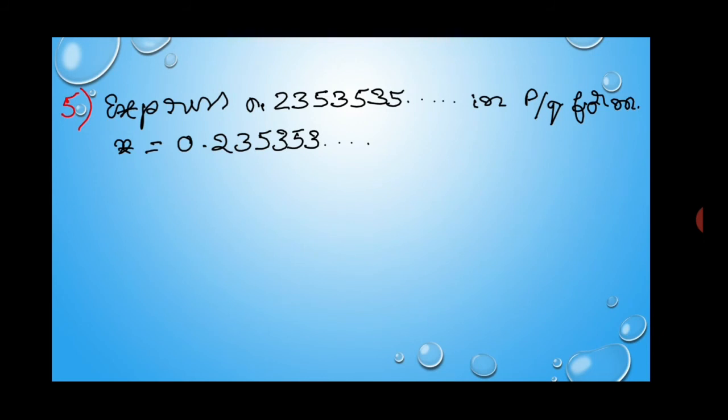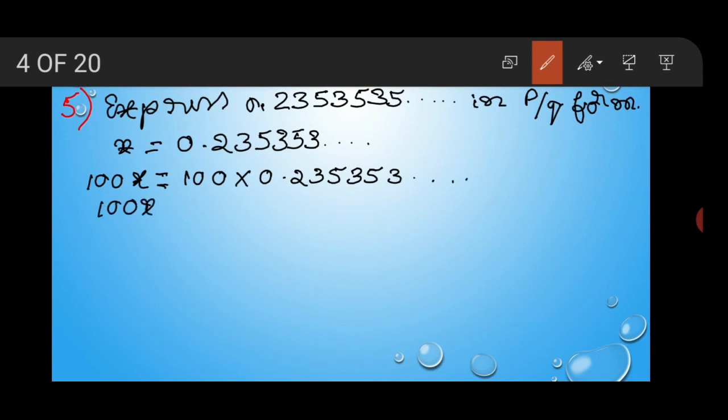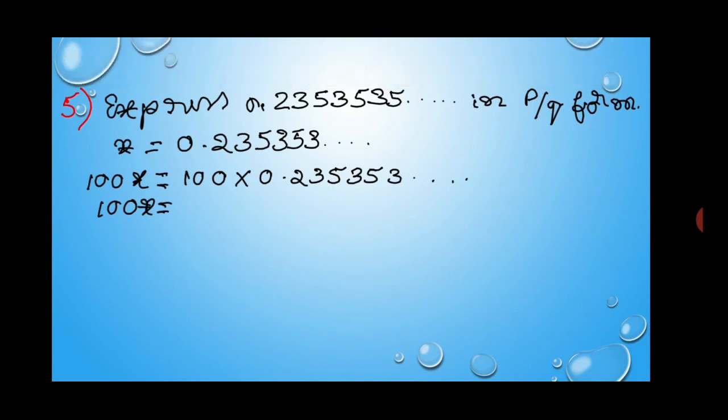So multiply both sides of the equation by 100. Now it becomes 100x is equal to 100 into 0.23535353 on and on.